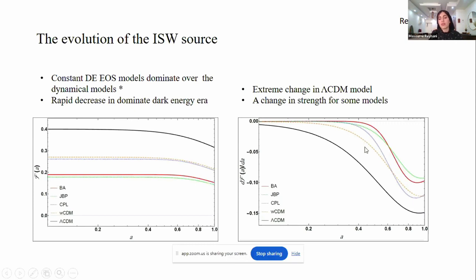And at a scale factor of almost 0.6 till 0.65, we can see a change in the strength of the BA and JBP models, as well as the CPL and wCDM models.